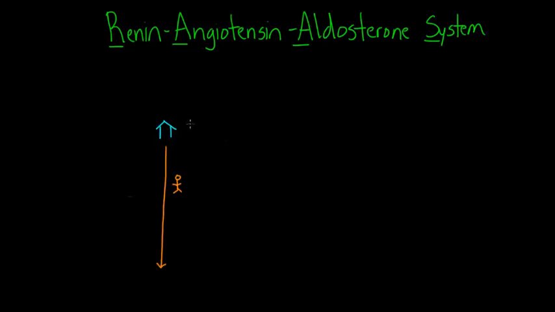Now, the key cell in the RAAS system is the juxtaglomerular cell, or JG cell. These juxtaglomerular cells are actually in the kidney, but in a specific location. They're in blood vessels.